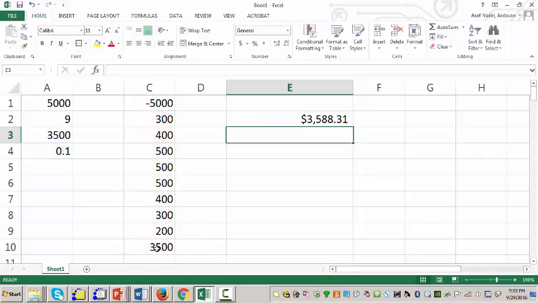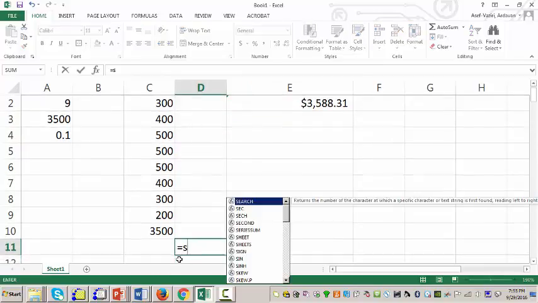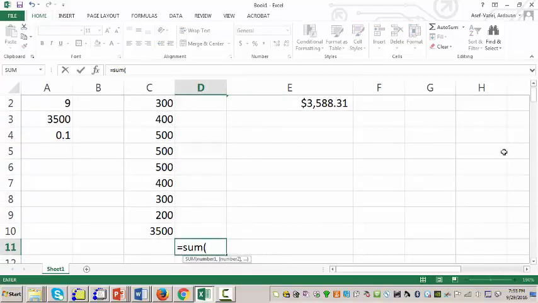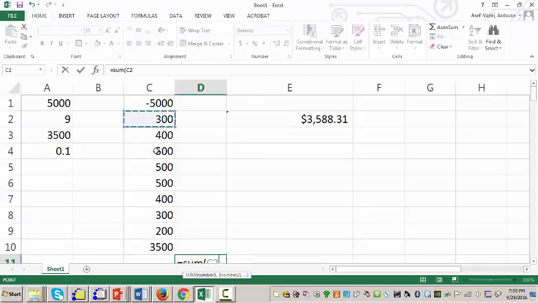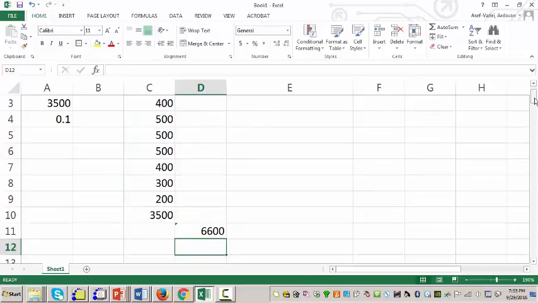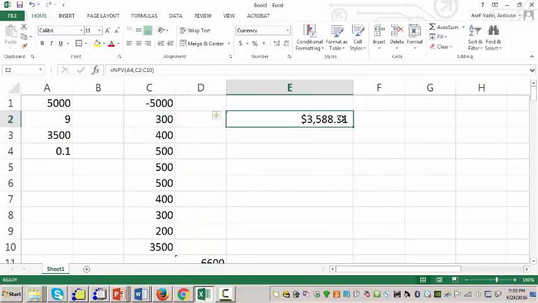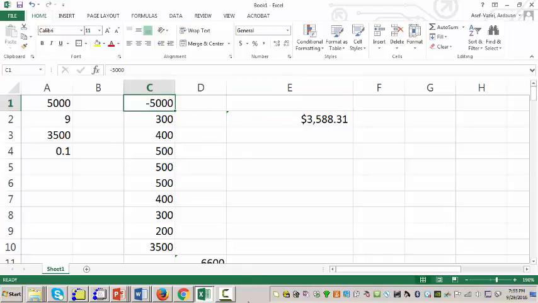And as soon as I enter this, it will tell me this cash flow, whose summation was equal to the summation of these numbers. Summation of these numbers without interest rate was 6,600, but its present value is under 4,000. This is the present value of what I have got. This is the present value of what I have put.